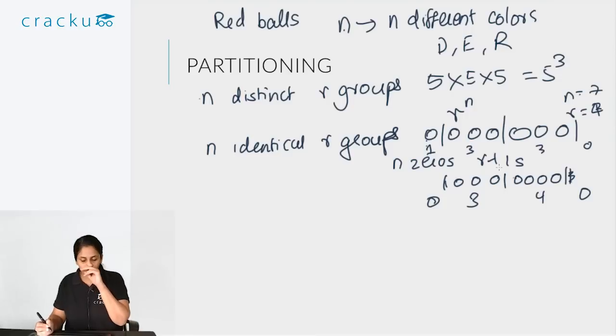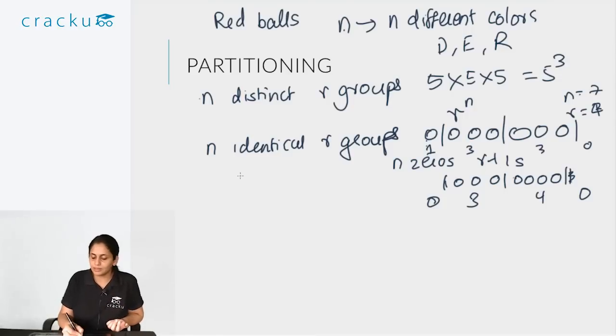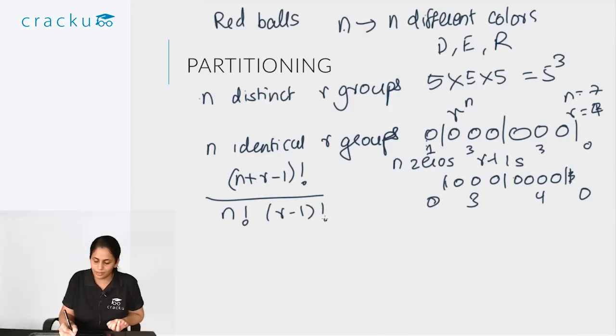So how many ways can I arrange this? If I have n zeros and R minus 1 ones, the number of ways of arranging them would be n plus R minus 1 factorial. But I have repetition, so I have to divide it by n factorial and R minus 1 factorial. Now this is essentially a combination formula, because NCR is n factorial divided by n minus R factorial times R factorial.